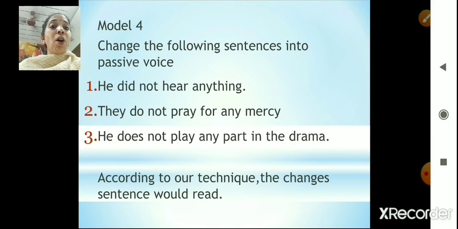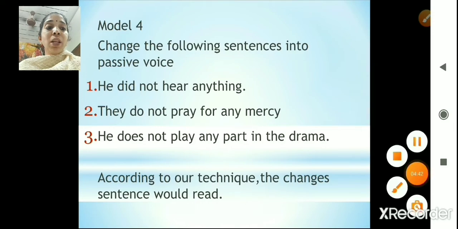They do not pray for any mercy. He does not play any part in the drama. So now, according to our technique, after the changes that we do in these sentences, how will the sentence read?